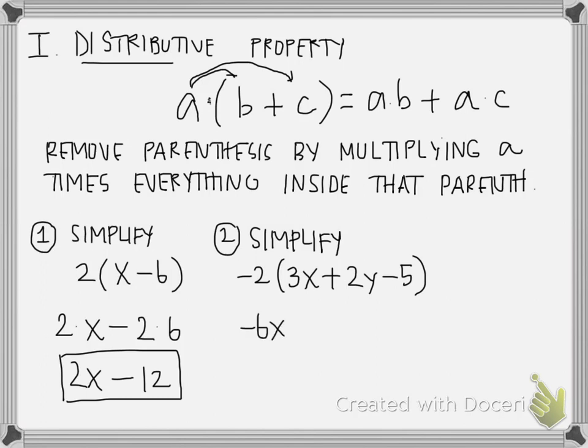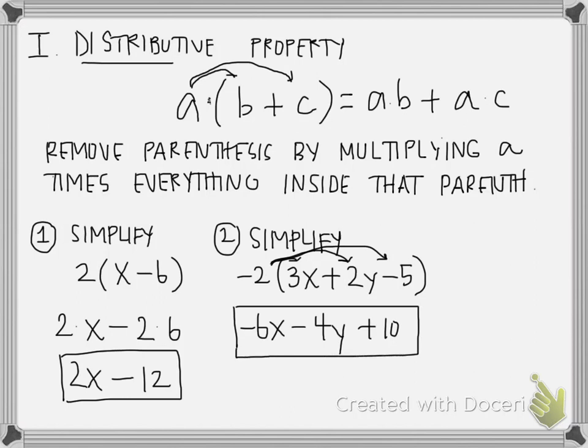So it's going to be a negative 6x. And negative 2 times a positive 2y is going to be a negative, which is a minus 4y. And then negative 2 times a negative 5, which is a positive 10.